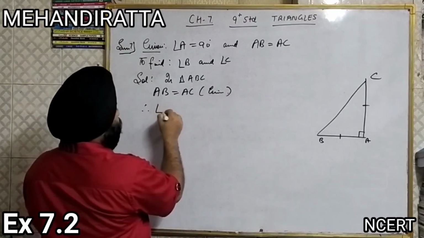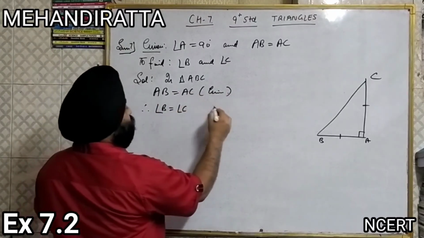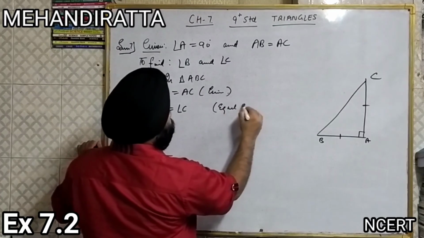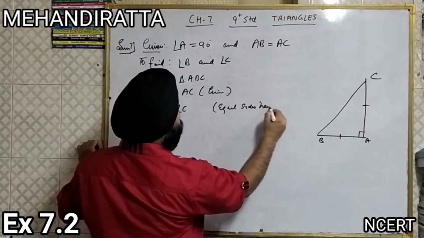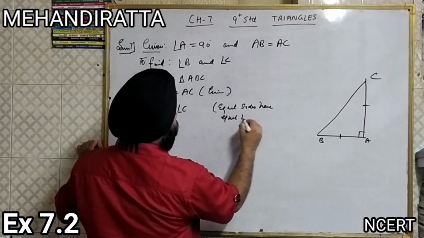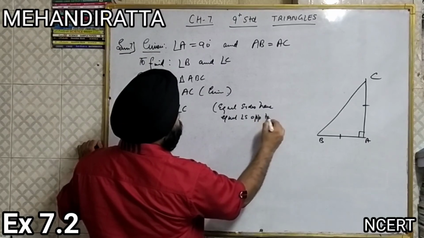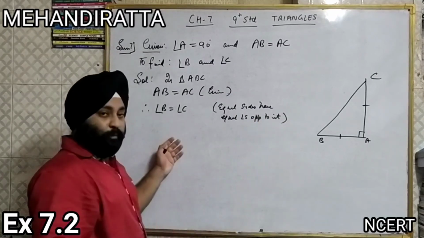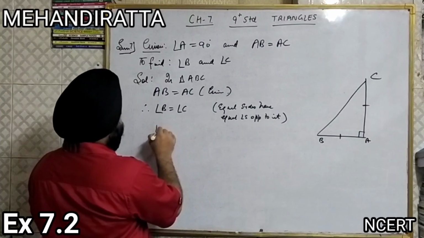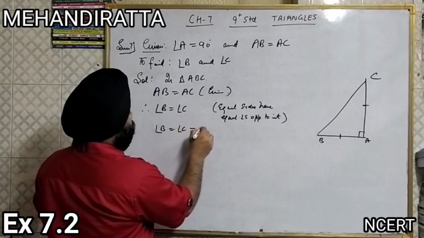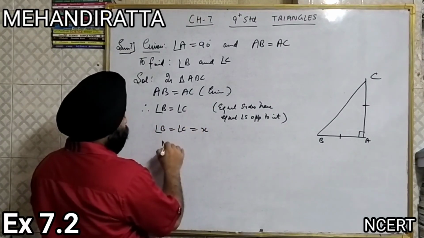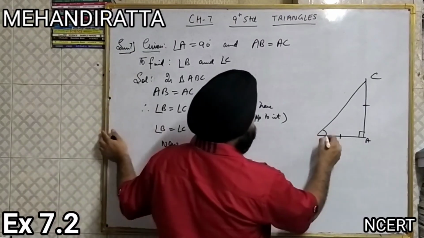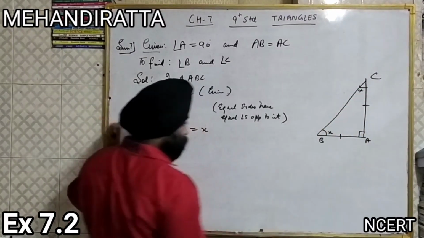Therefore, angle B equals angle C. Equal sides have equal angles opposite to them. Therefore, let angle B equal angle C equal X. We have supposed these as X because both are equal.